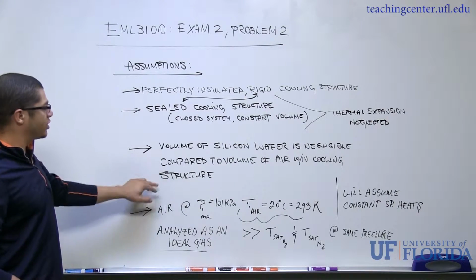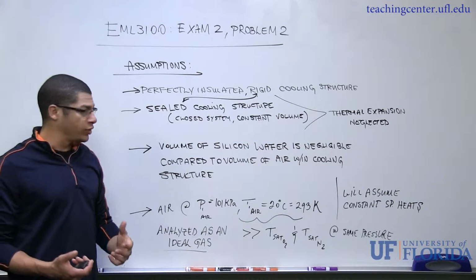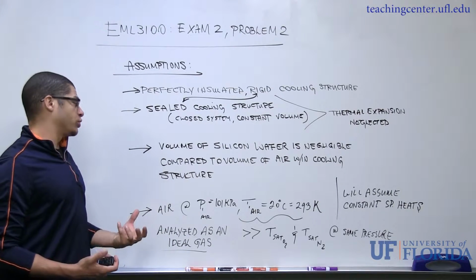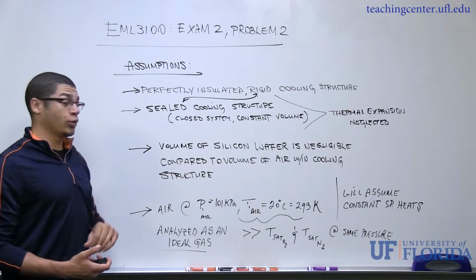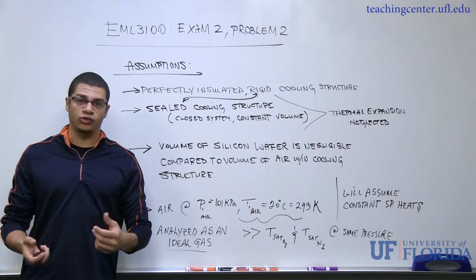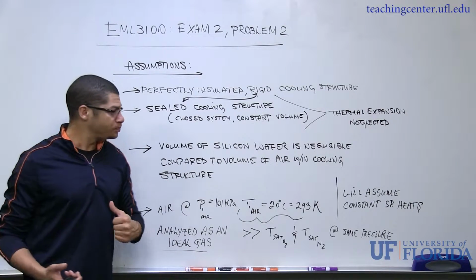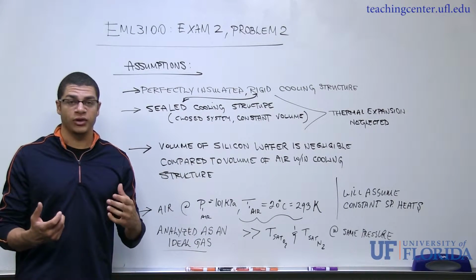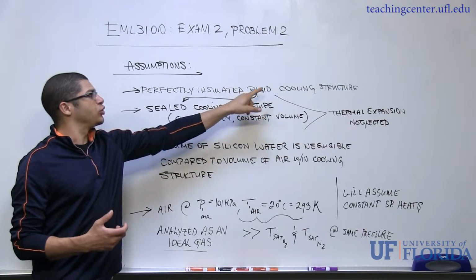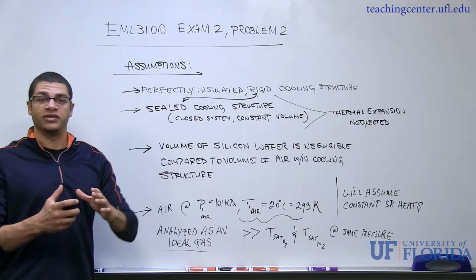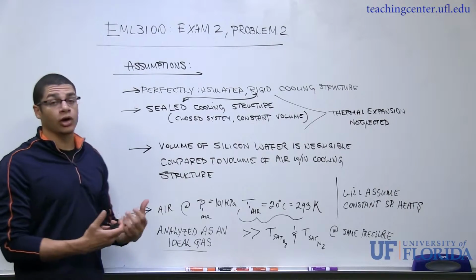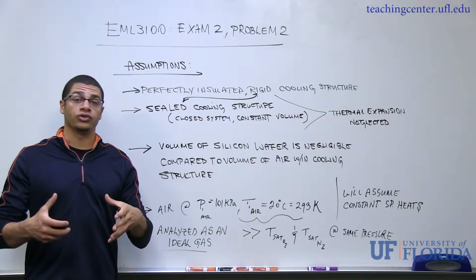We'll also assume that the volume of the silicon wafer is unchanged and is also negligible compared to the volume of air within the cooling structure, values which will be listed in a moment. And also, we're going to neglect thermal expansion effects. So, in tandem with saying the cooling structure is rigid, we're also assuming that it's not affected by these thermal gradients as the silicon wafer is cooled and the steel structure is heated.